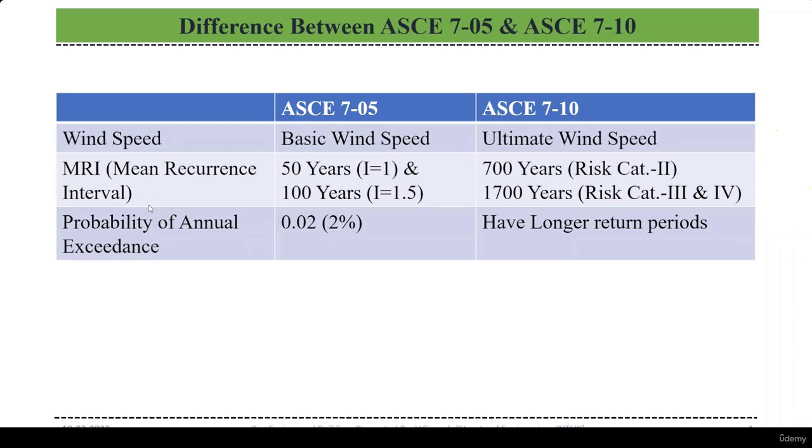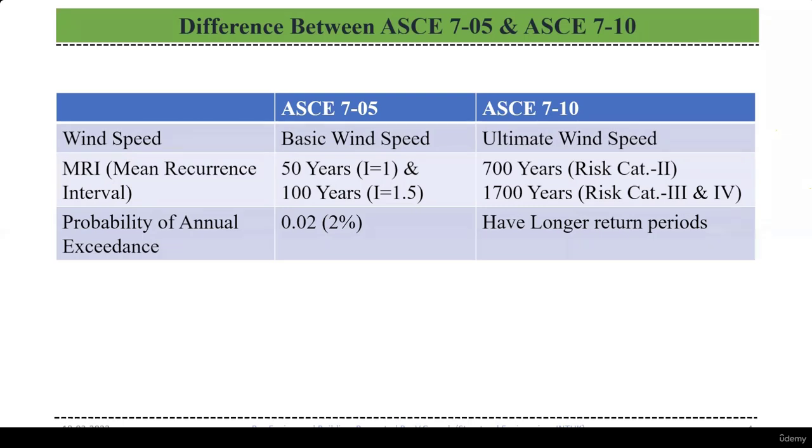So return period or mean recurrence interval. This is the probability of exceeding the given wind speed. Suppose the customer has given some wind speed like 140 kph or 150 kph.